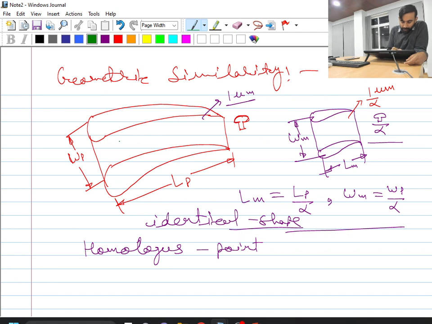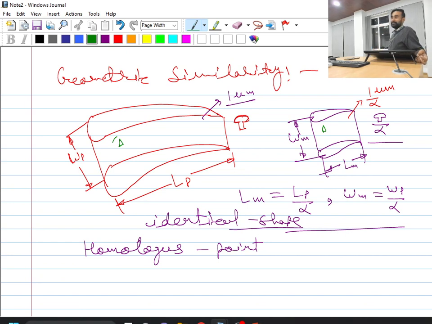Say if on my model I have some point over here, then on my prototype also I must have the point at the identical location with scaled length. If I have the same point over there with identical location, then only will my situation be geometrically similar. And that will only be possible if I am scaling each and everything with the same parameter.